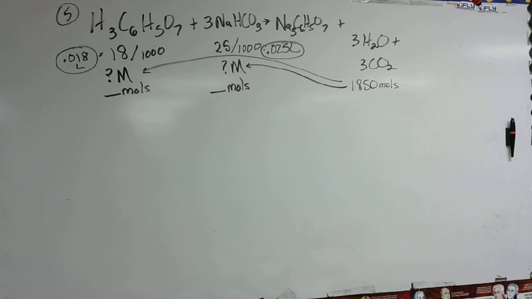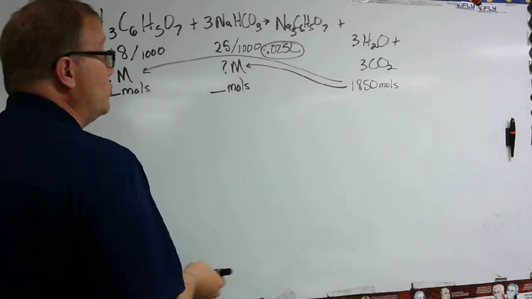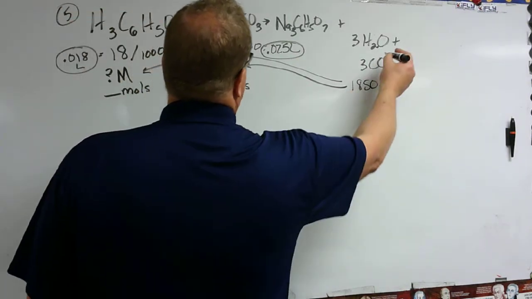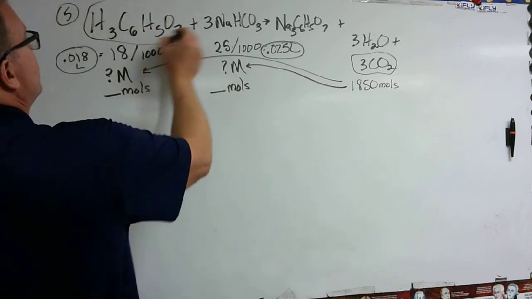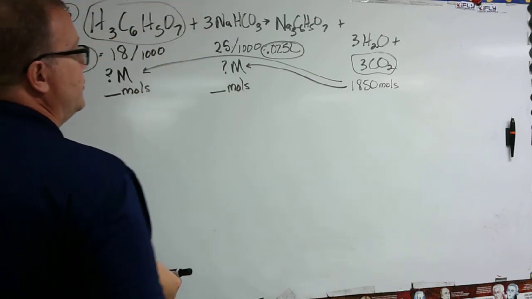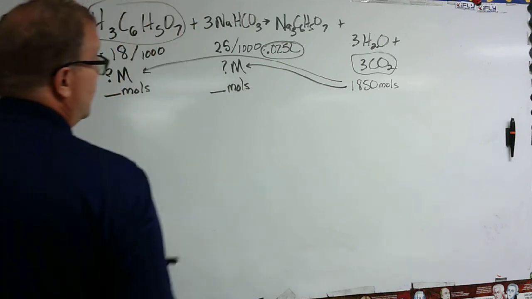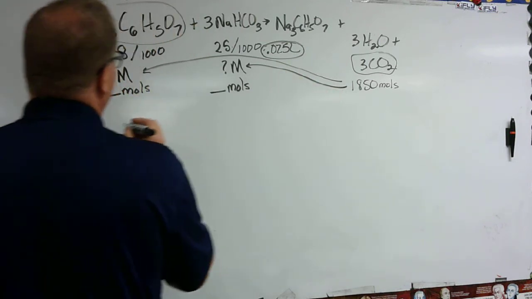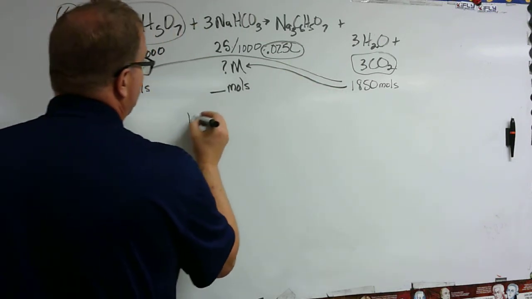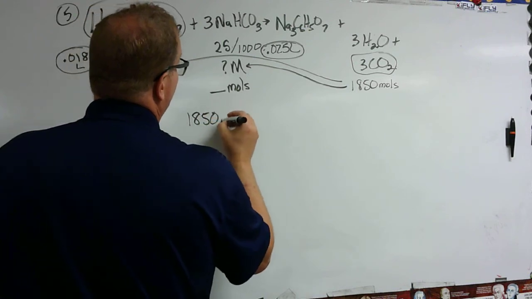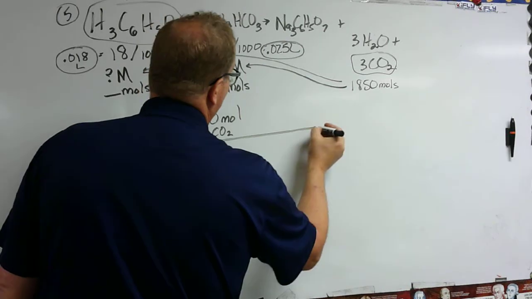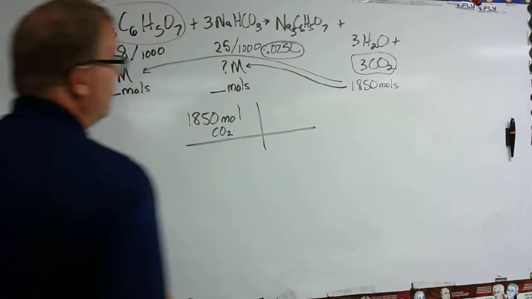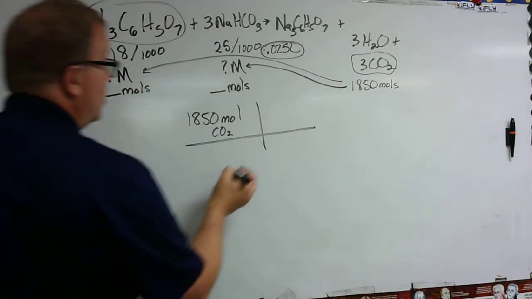So now I can go ahead and do my number of moles. Again, these are all going to require stoichiometry. And I'm dealing with this guy here. So we're going to take care of this one right here, my citric acid. And we're going to go 1,850 moles of CO2. And again, we got one step because we have to go to mole.